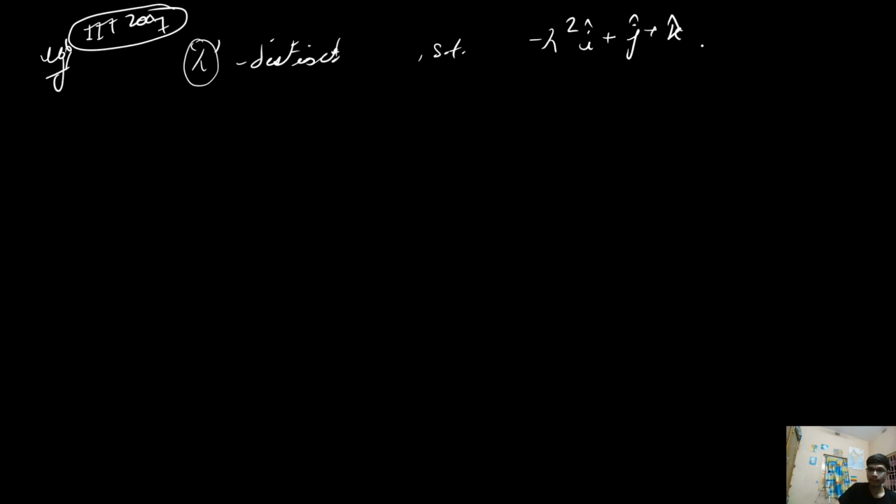So in this question it says: find the number of distinct values of lambda such that the vectors minus lambda square i cap plus j cap plus k cap, i cap minus lambda square j cap plus k cap, i cap plus j cap minus lambda square k cap are coplanar vectors.